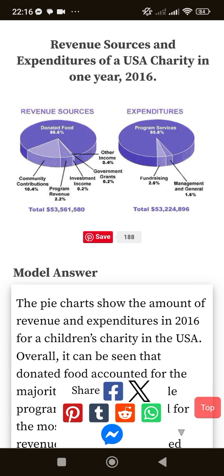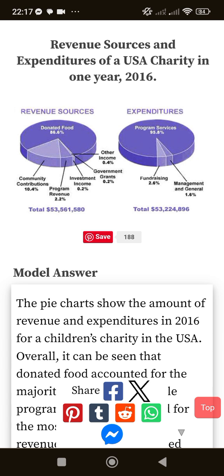So we have got two pie charts over here. One of the pie charts represents revenue sources. So what we have here, the most part of the pie chart is covered by donated food. Donated food covers the major part of this pie chart, which is about 86.6%.